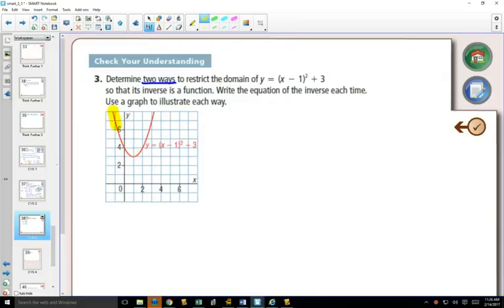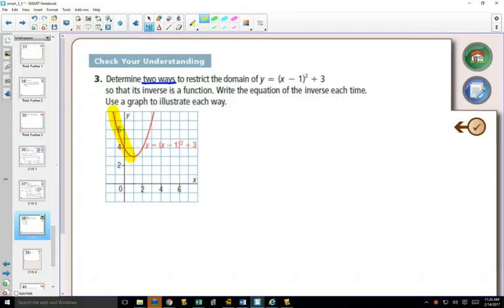That passes the horizontal line test. Could I highlight more and still pass the horizontal line test? Yes. Could I highlight up to here and then stop right at the vertex? So if I stopped right at the vertex and I just had half of the parabola, can you see that half of a parabola would pass the vertical line test?